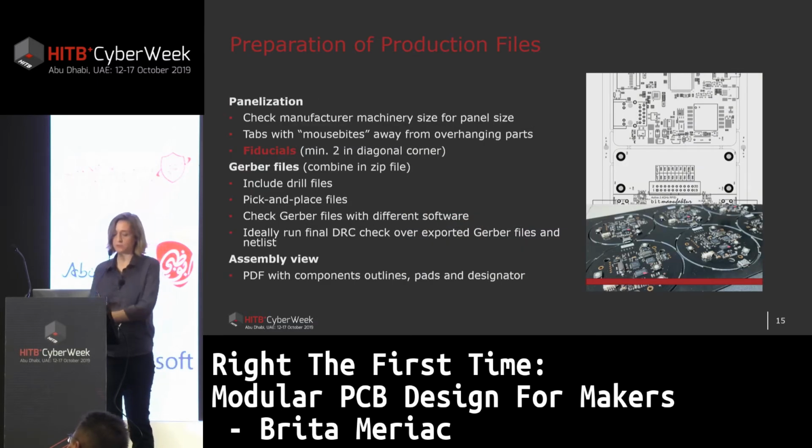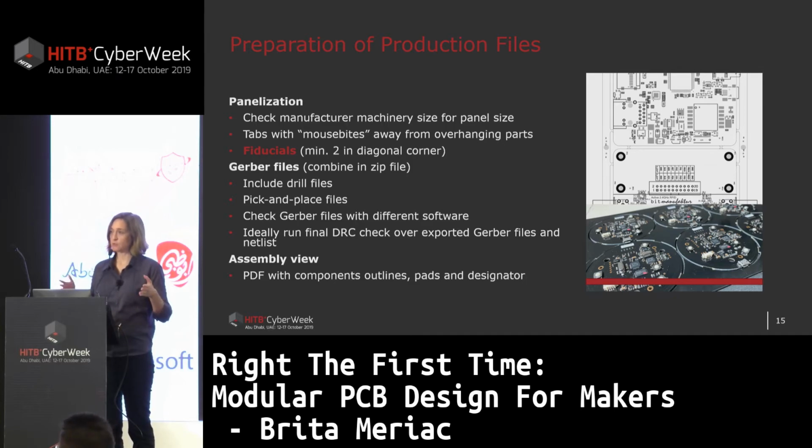So once the prototype is verified, it only takes a few more files to order higher board quantities and to get into automatic assembly. One thing is the panelization. It's not for the PCB manufacturer, it's actually for the assembly, so you have to know which machinery your assembly house is using.